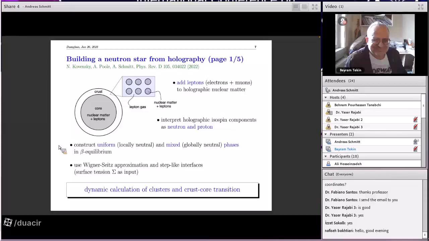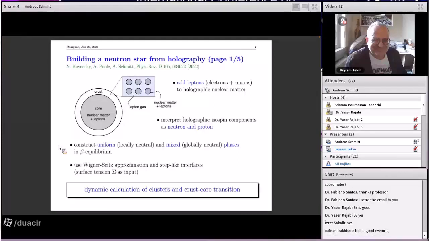When I construct a mixed phase, I also have to come up with an approximation for the surface effects, right? Because I have bubbles there. I use the so-called Wigner-Seitz approximation and put in a parameter for the surface tension between the nuclear matter and the leptons. So that's a third parameter of our model, which comes from the outside. In principle, I could calculate this from holography, but we haven't done this for now.